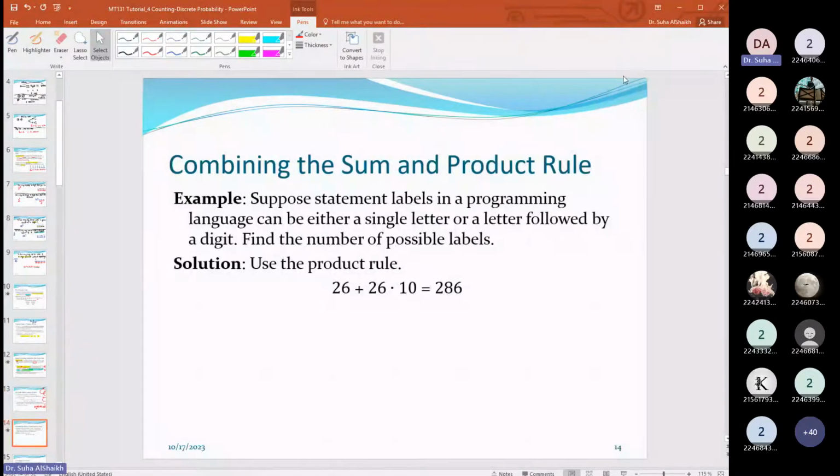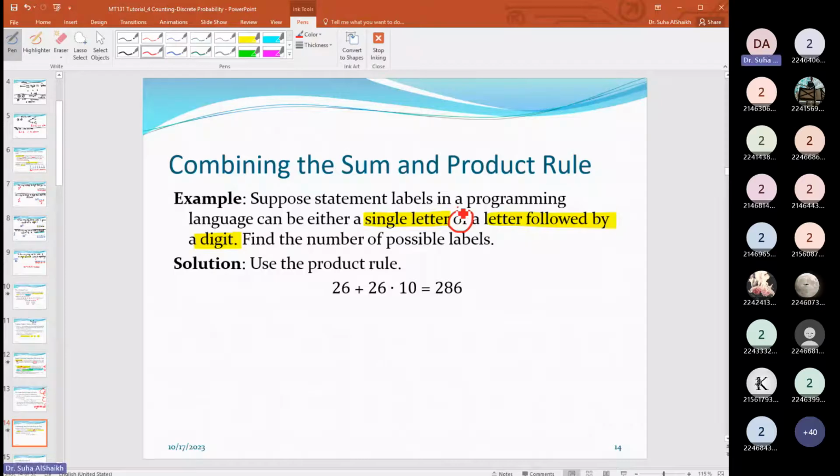So here we have this example, in which we are combining the sum and the product rule together. Suppose that a statement label in a programming language can be either a single letter or a letter followed by a digit. Do you see the "or"? The "or" means I'm going to get a sum.